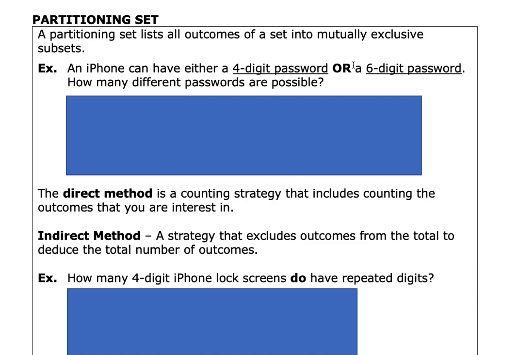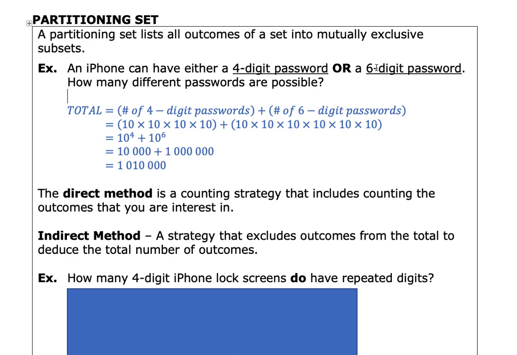And this word that is highlighted, or, is a powerful word to signal that you need to use the additive counting principle. So if we want to get the total number of passwords that are possible, we should add the number of 4-digit passwords plus the number of 6-digit passwords. And we use a similar technique to our previous method. This is the partitioning set. All cases are broken up into 4-digit passwords and 6-digit passwords.